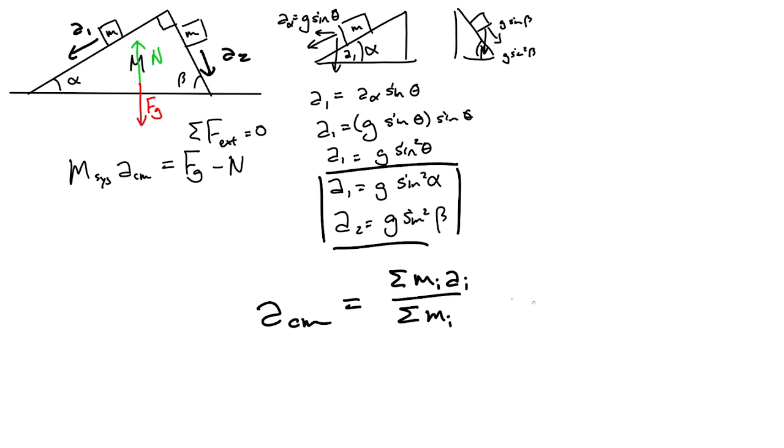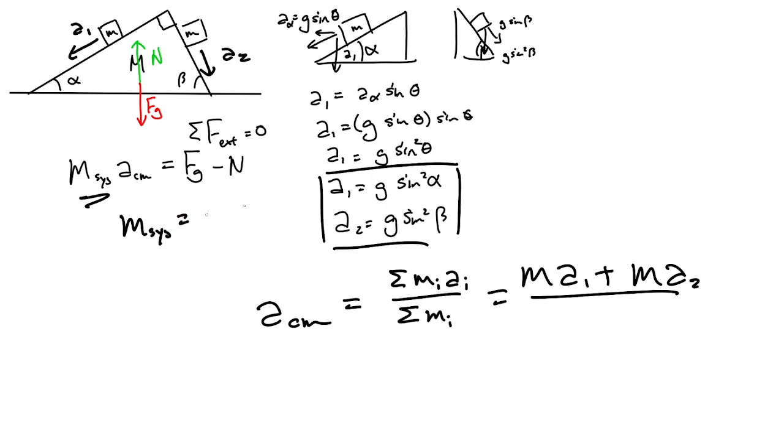So this is equal to our mass times a1 plus our mass of a2, divided by the total mass of our system. The mass of our system is actually going to be m plus 2m, if we think about this properly. So we have m plus 2m on the bottom here.